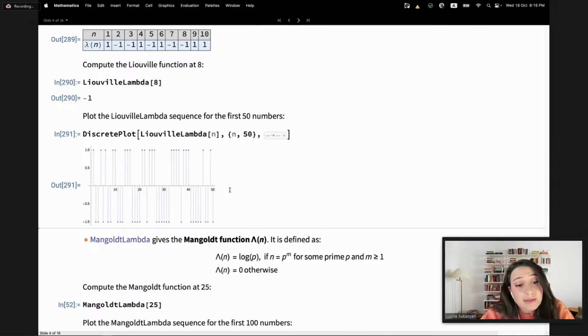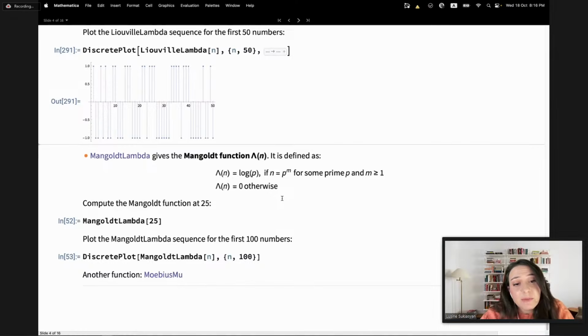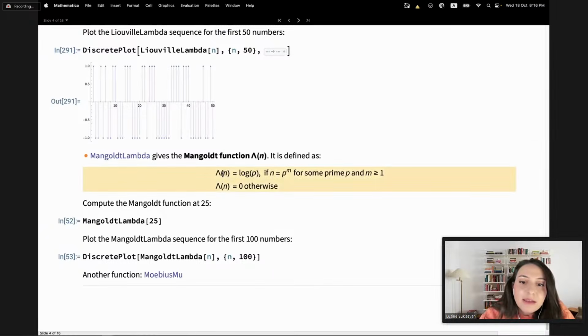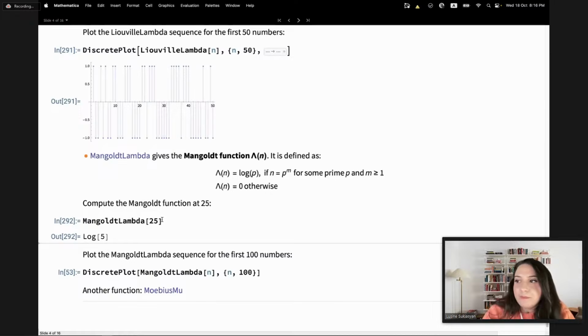MangoldtLambda function is another one. It gives you the Mangoldt function lambda of n, which is defined as follows: if n is a power of a prime p, then lambda of n equals log p, the logarithm of p, and it is 0 otherwise. And so we can compute it at 25.